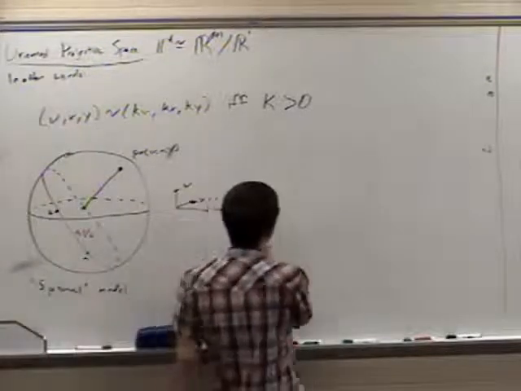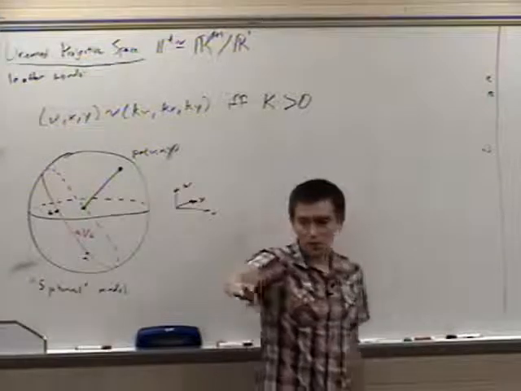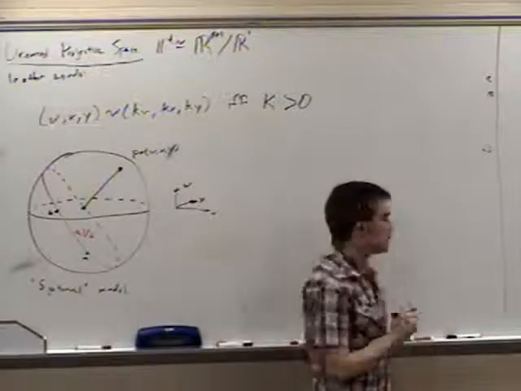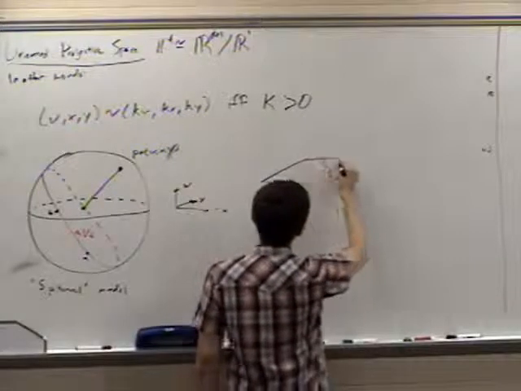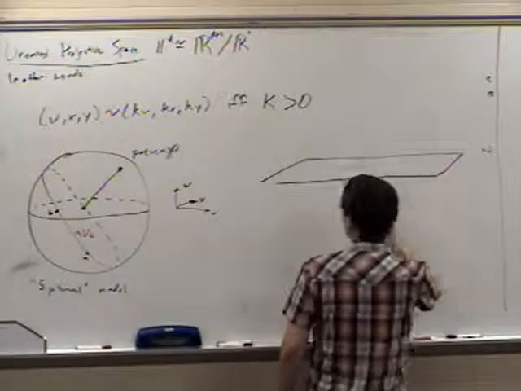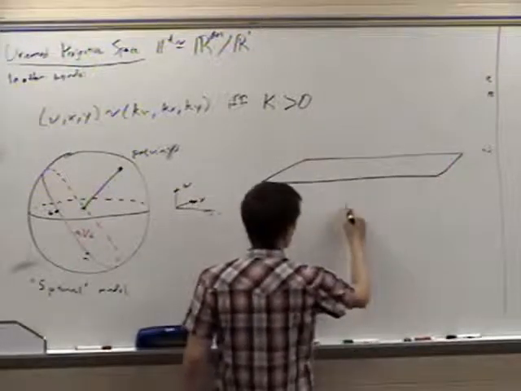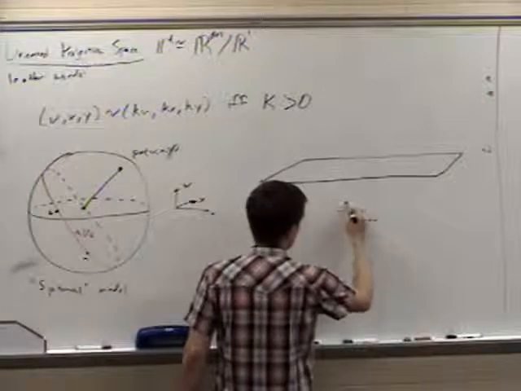The other model that we can have, though, is something more akin to the w equals 1 plane that we drew for projective geometry, where what we're going to do is put a plane up here. And we'll start with a coordinate system here. Again, we'll have x, w.